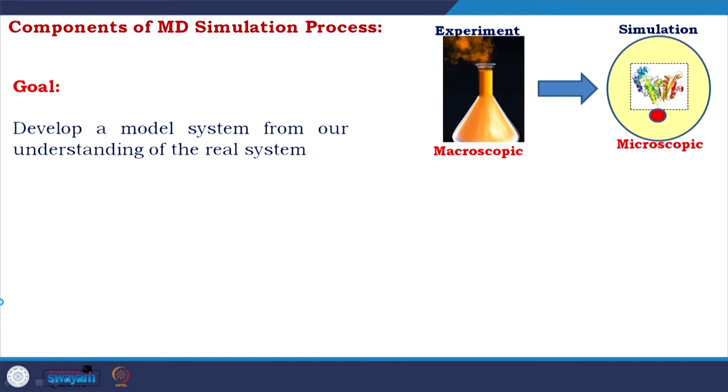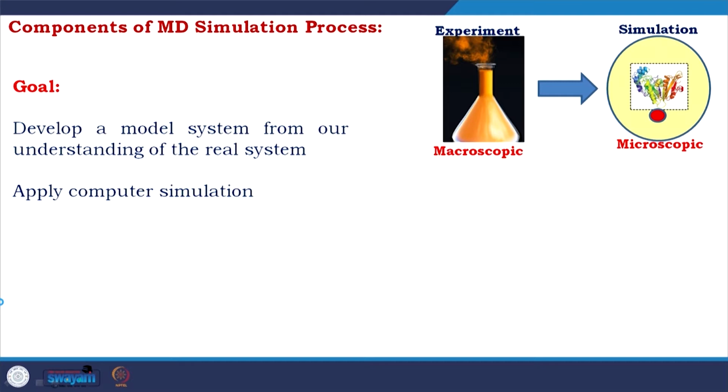Now, what is our goal here? Our goal is to develop a model system from our understanding of the real system. That is the first goal. You have an experimental system, you develop a model system, then you apply computer simulation.